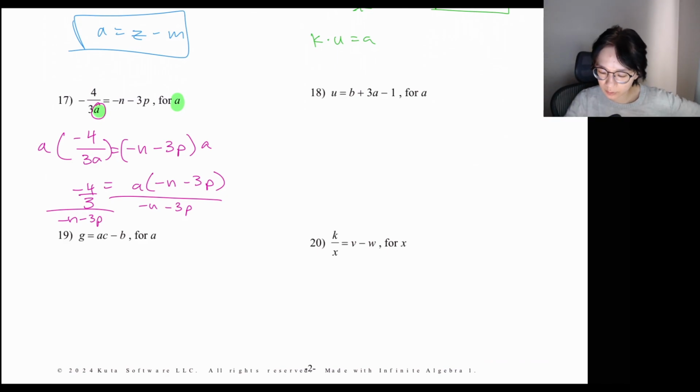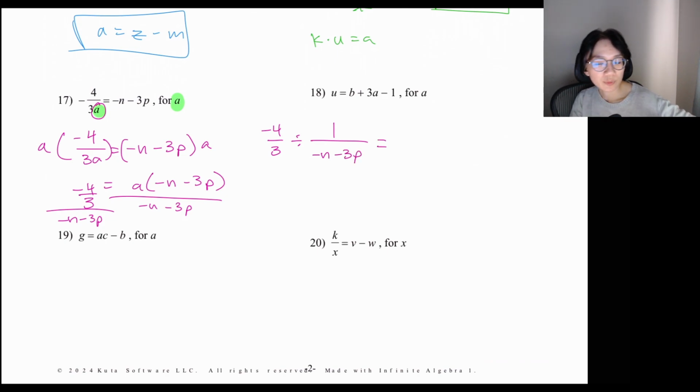Because if you remember, if you have a fraction and you're dividing it again, you have negative 4 over 3 divided by, this is essentially 1 over negative n minus 3p. If you can remember from when we divide by fractions, it's the same thing as multiplying by the reciprocal, or what is the flipped, what makes a fraction into 1.